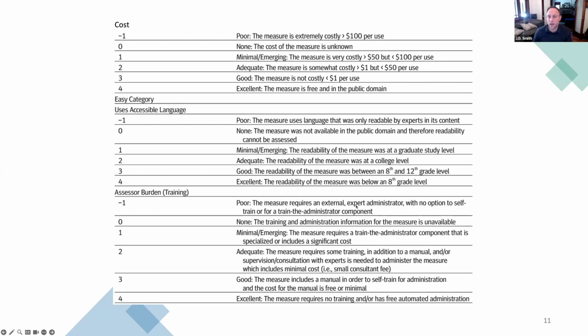As you'd imagine, this is highly correlated with cost. So there are often situations that the higher cost measures, it's because they require you to send the raw data to a central place. They actually do all the scoring and then send it back to you. So there isn't a way to kind of break out of that loop and have your system or your research team actually do the assessment itself.